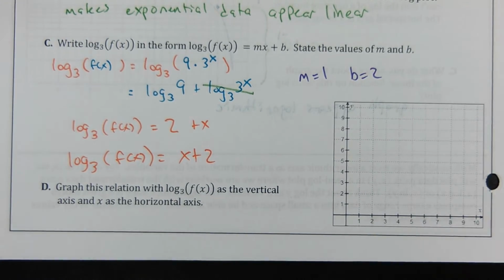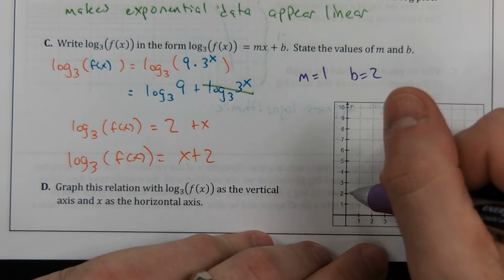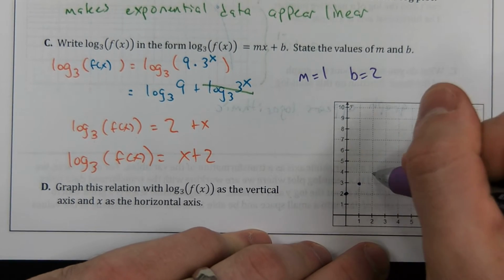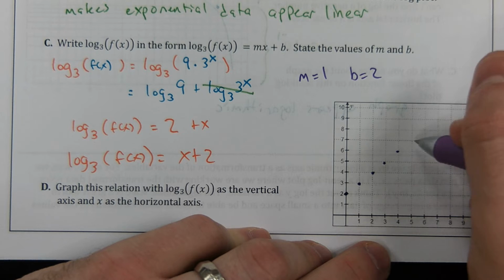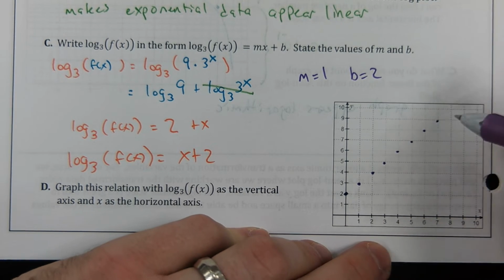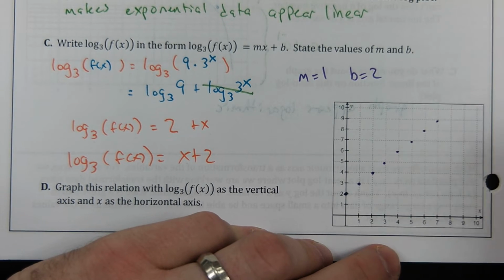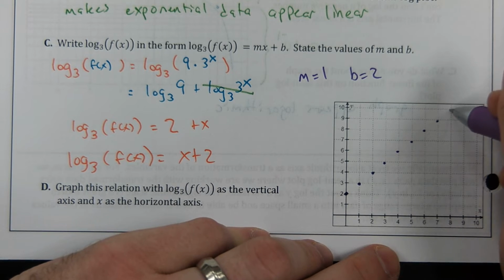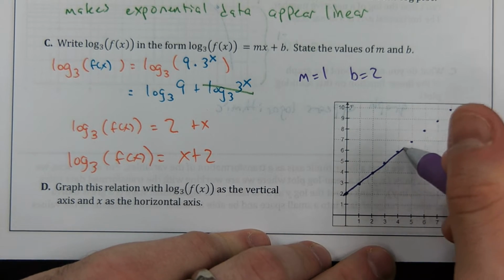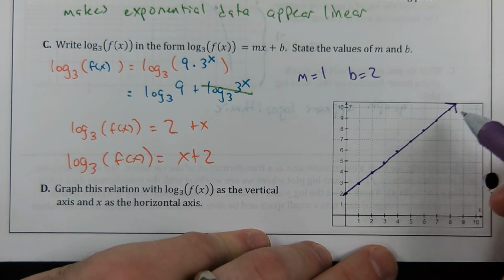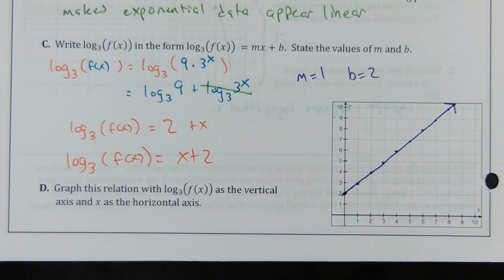It says to plot them. Okay. Crosses at 2, and then it's got a slope of 1. Eek. So difficult. But what's important for you to understand is that this is not the x, y axis.